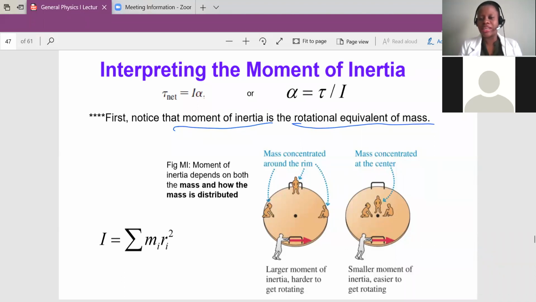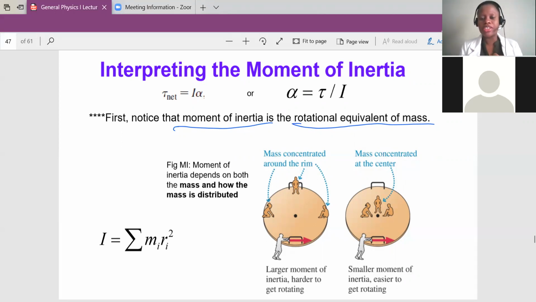And what is inertia? The ability of an object to resist change in velocity. If the object is heavy, it's not going to move on time. It requires higher force to initiate a motion. So we extract that understanding to describe the moment of inertia.